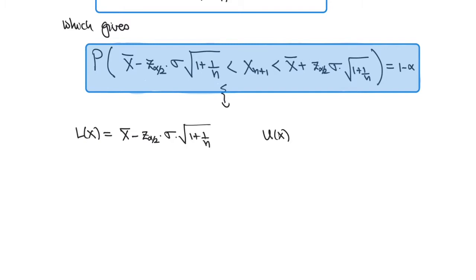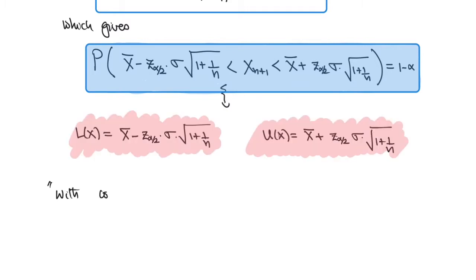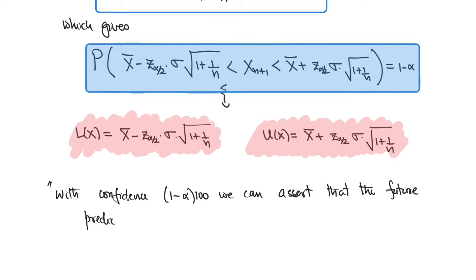We can use this to define our lower confidence bounds and upper confidence bounds for our prediction interval. And we say that with confidence 1 minus alpha times 100, we can assert that the future predicted value x n plus 1 lies inside the confidence interval L of x comma U of x.